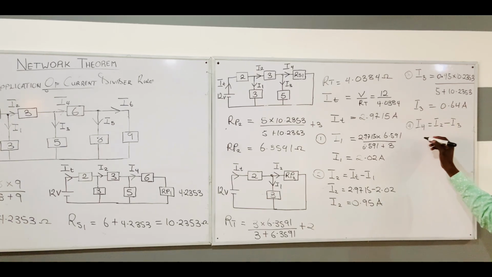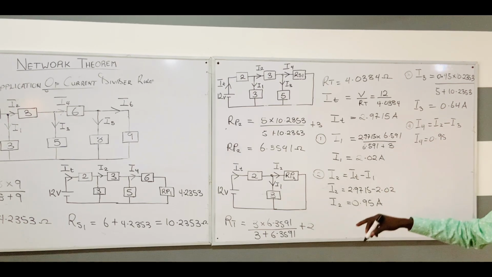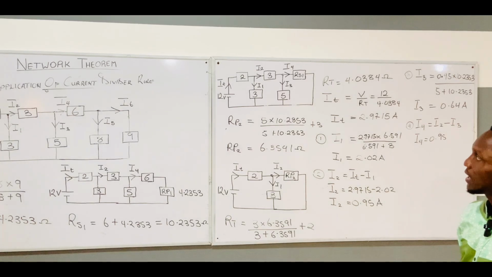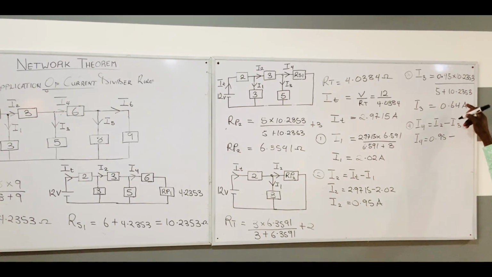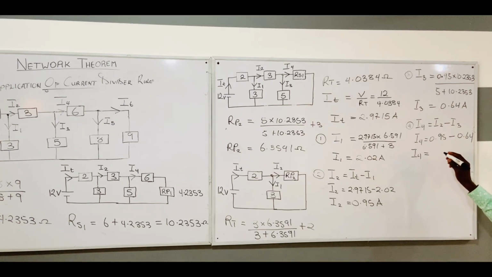So when I do that, I4 equals 0.95, which is the value of I2, minus 0.64. So now when we subtract this, we are getting 0.31 amps. Cross check this and tell me if I made an error.